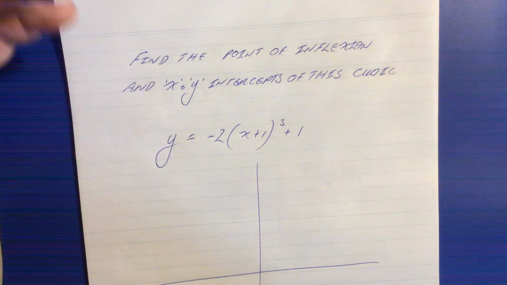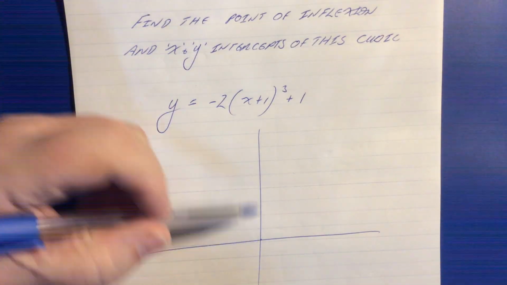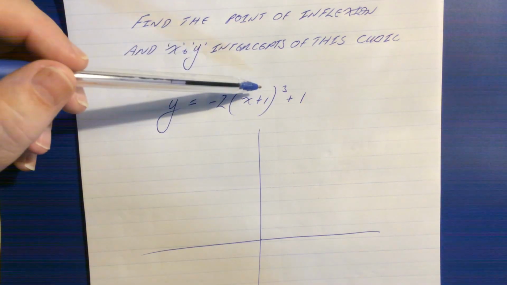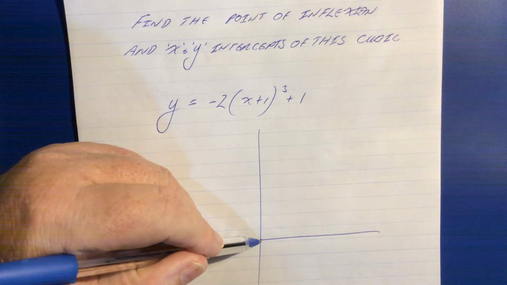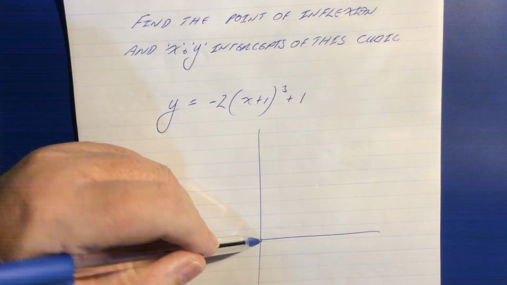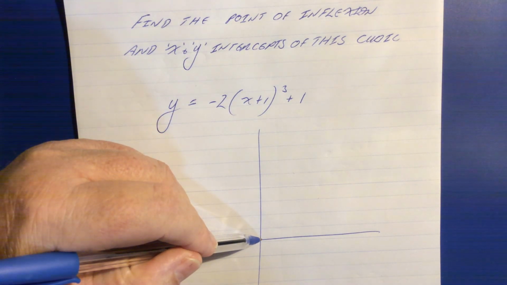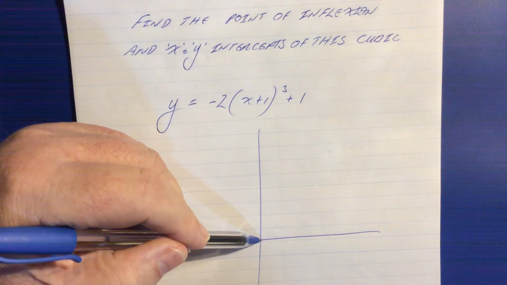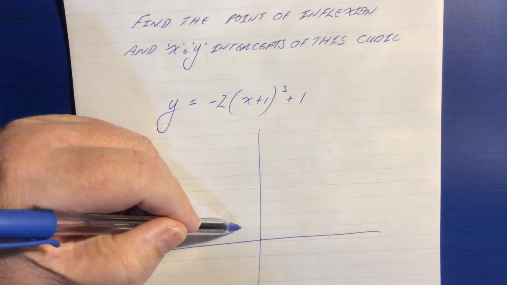equation was something like x cubed, really simple, when we look at these various alterations to it, what we discover is that the point of inflection, which would be here if this were x cubed, has been moved 1 to the left and up 1.